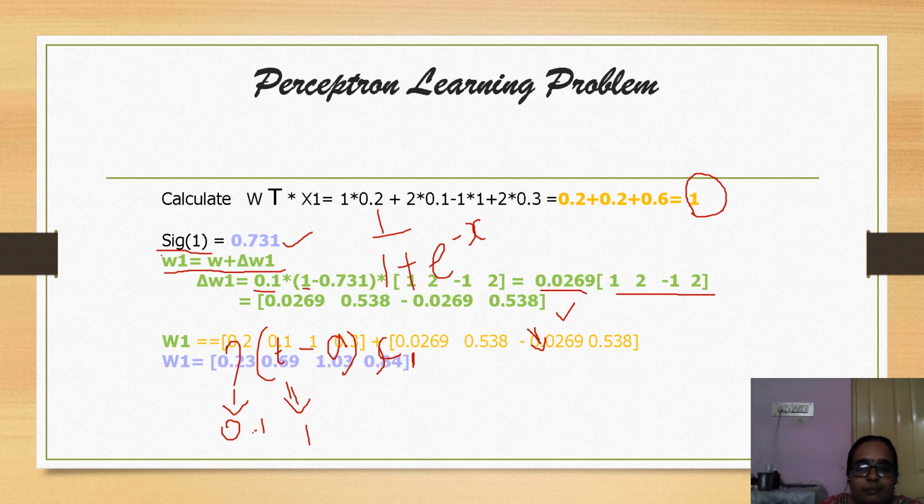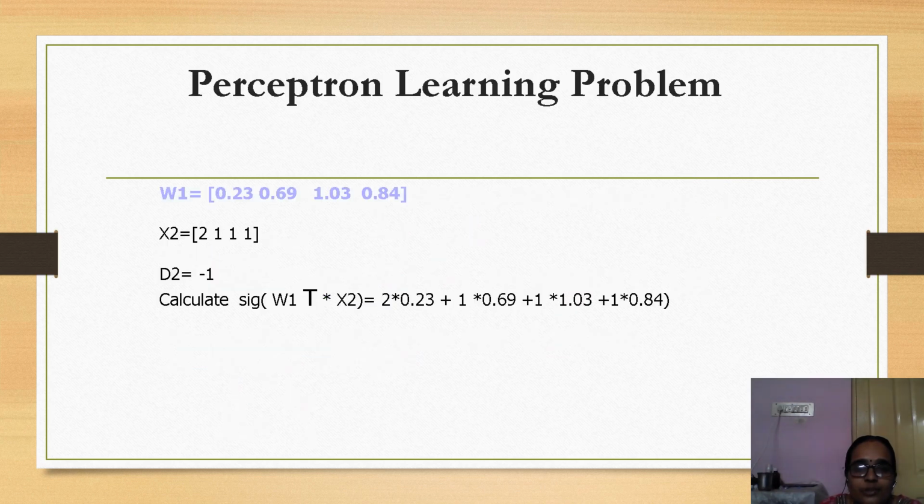So here now we are taking the second data set with the updated weight. So what is the updated weight? In the previous slide we calculated. So that is our updated weight. For the value x2, data set 2, and the desired output minus 1, we have to apply this updated weight 1. So first we have to calculate this weight 1 transpose matrix multiplied with x2.